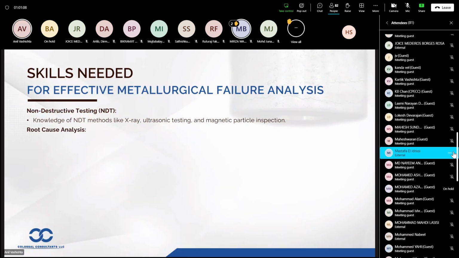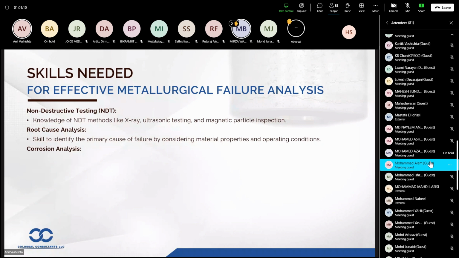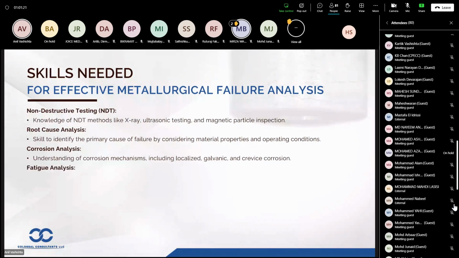Should have knowledge of NDT, and for root cause analysis, should be able to analyze the process to identify what's the primary cause of failure.